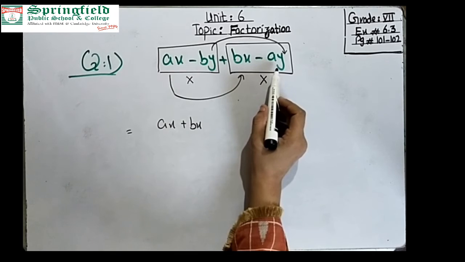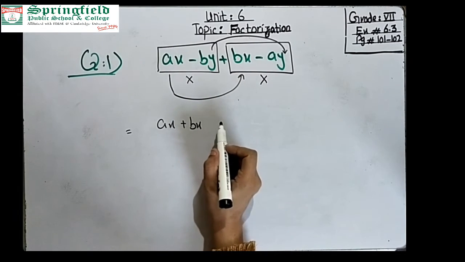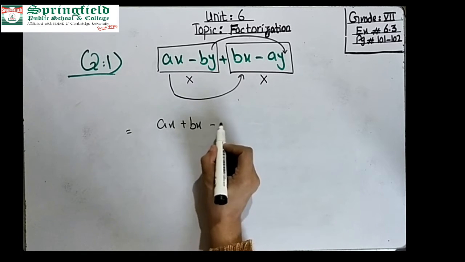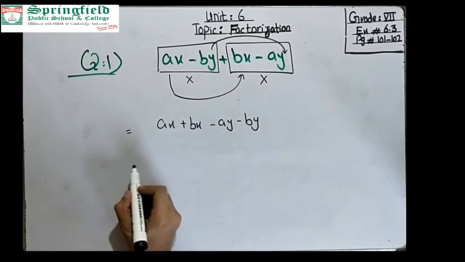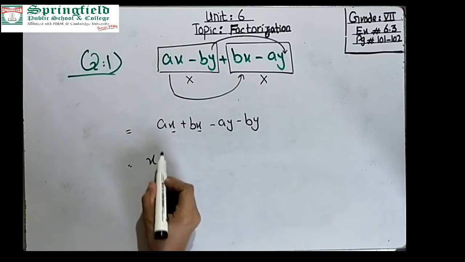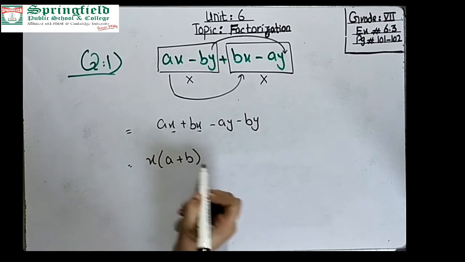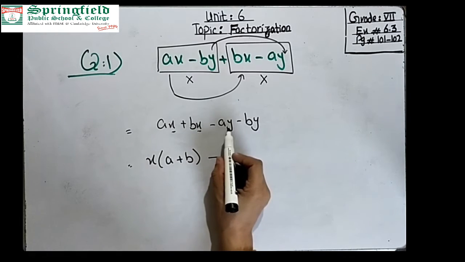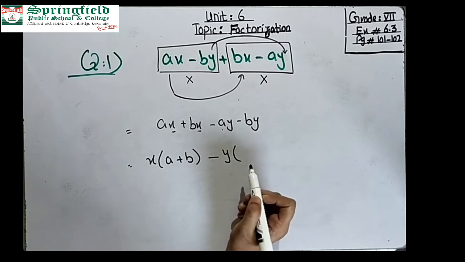Now ax plus bx, and then by and ay. Which term will we write first? ay, because in the alphabet a comes first. So ay minus by. Now x is common in both the terms, so a plus b is left inside the bracket. Minus ay and by, y is common here.